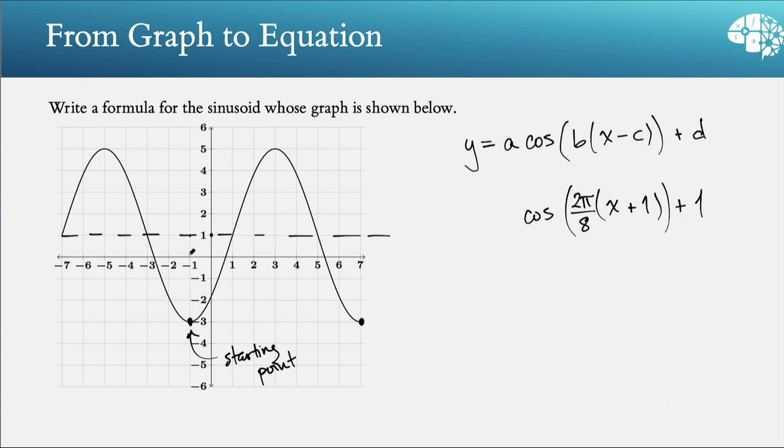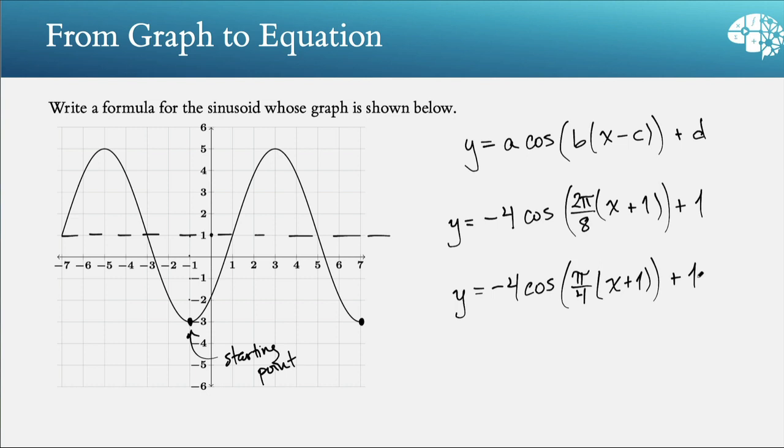From my midline, it's down 4. That means -4. And then you simplify. So we have y equals -4 cosine of pi over 4 times x plus 1, plus 1. And that is one possible equation for this.